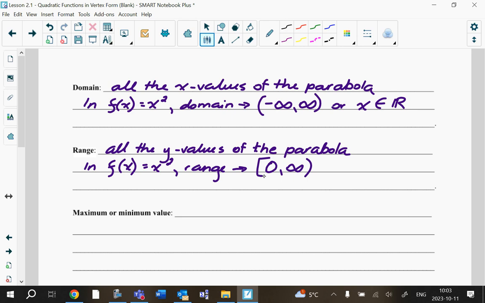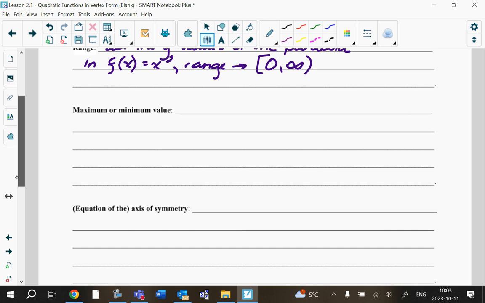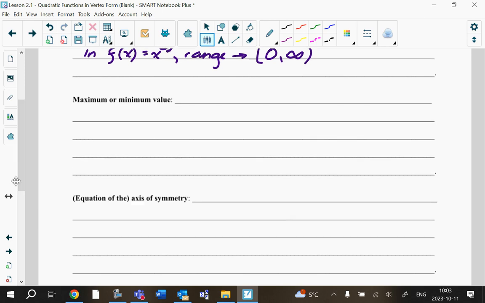The maximum or minimum value represents the y coordinate of the vertex. And that kind of makes sense to what we were talking about before when we talked about the vertex. Okay?